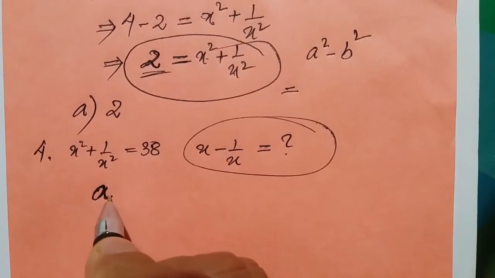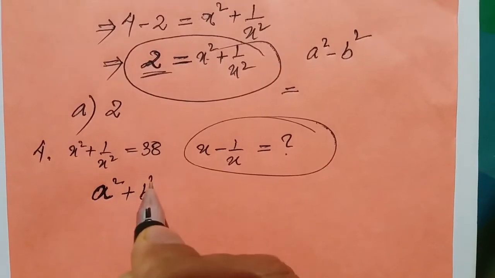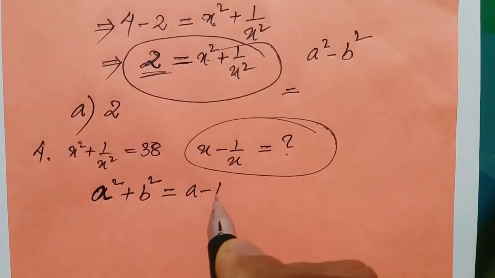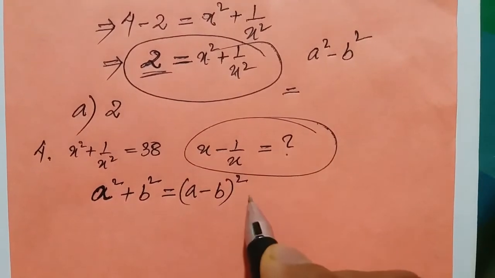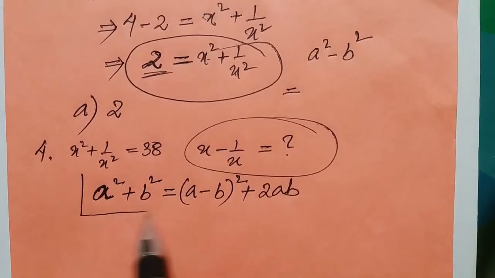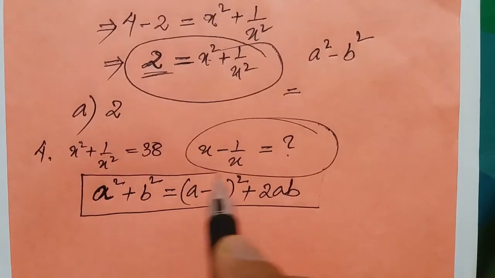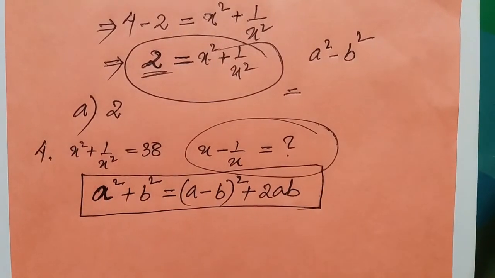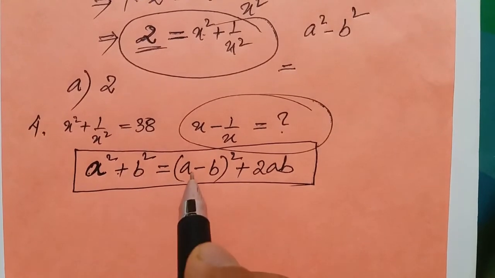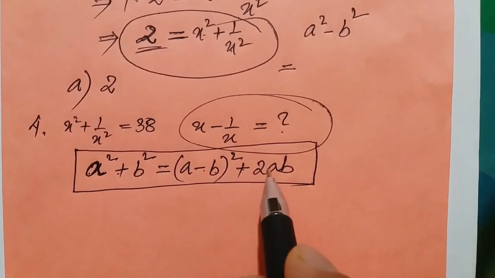A square plus b square is equal to a minus b holding square plus twice ab. Okay, we're going to use this identity in this question. So a square plus b square is a minus b holding square plus twice ab.